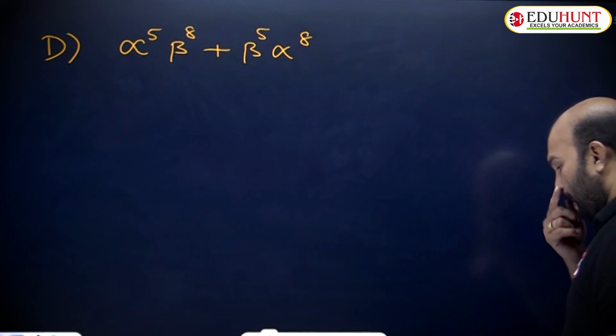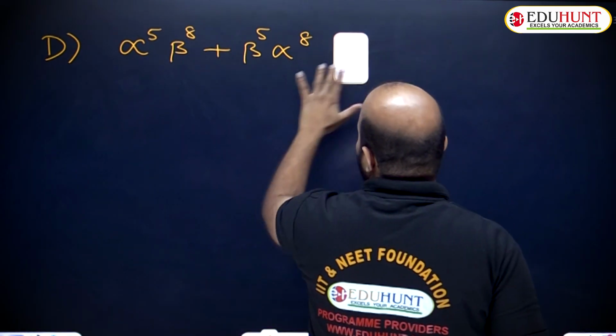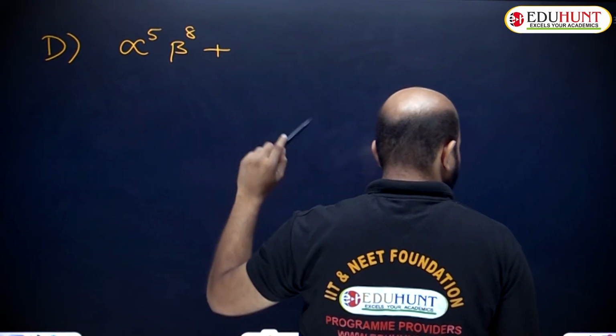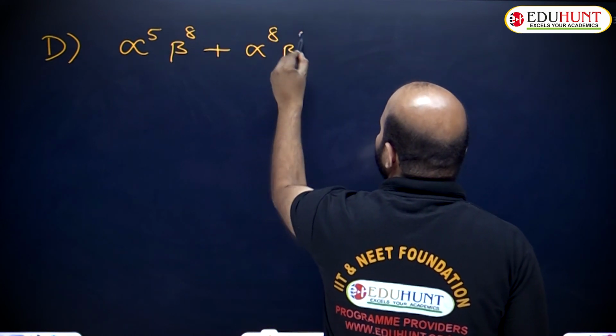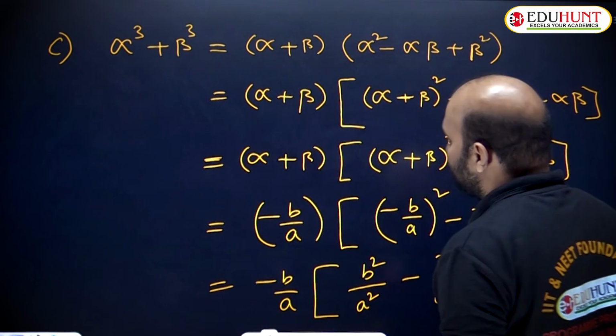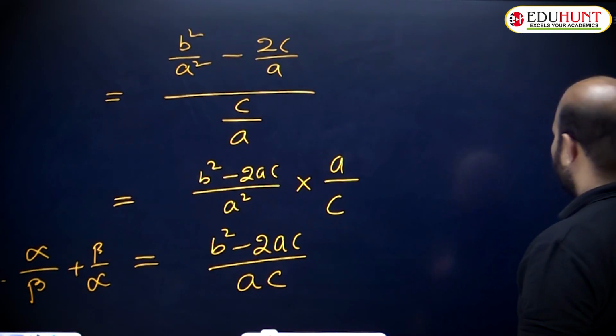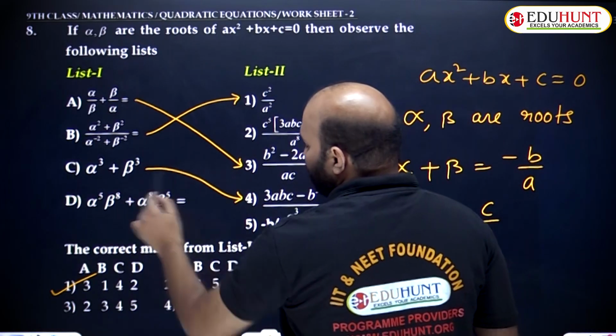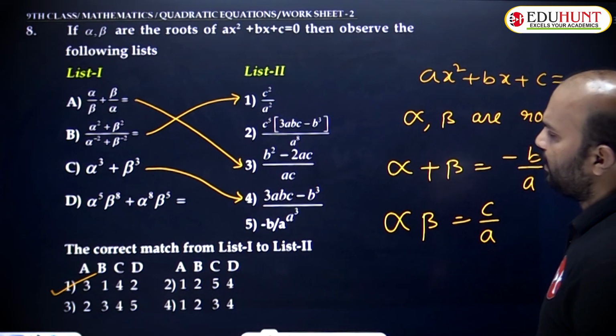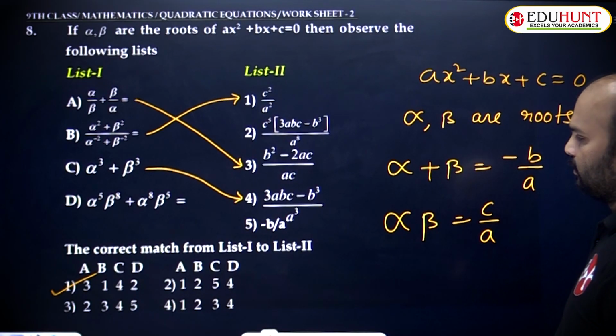Am I clear? And also given directly alpha power 5 into beta power 8 and alpha power 8 into beta power 5. So, both are the same. So, one should check in that matching. So, what am I given? Alpha power 5 into beta power 8 plus alpha power 8 into beta power 5. Am I clear?